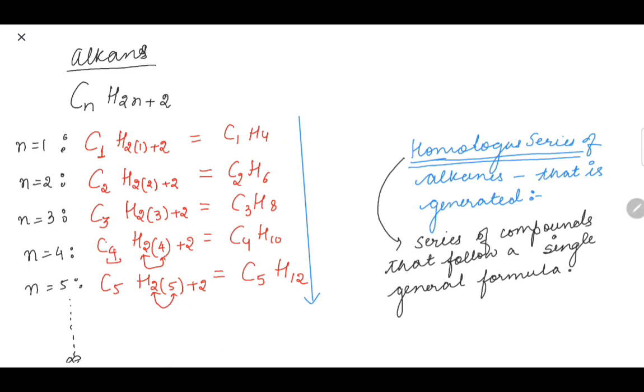Thereby, they would all belong to one family, so I would call it the alkane family. All the compounds that belong to this particular series and follow this particular formula would all carry the same chemical properties.